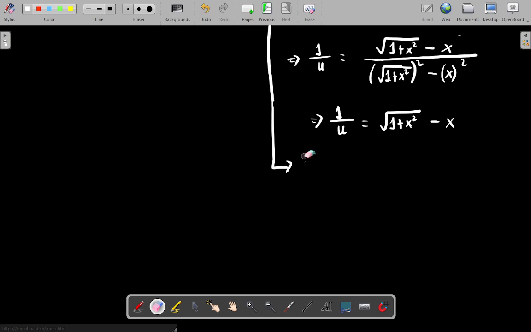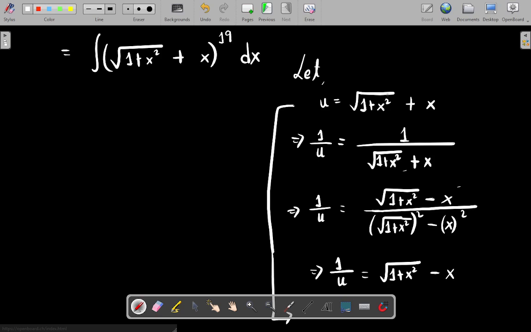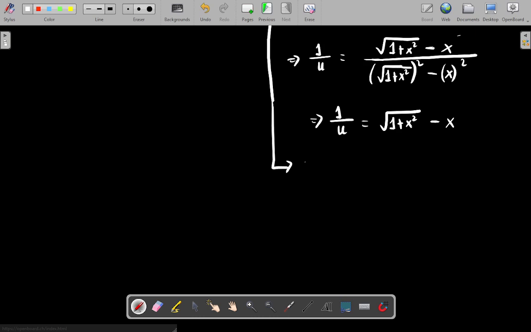Then it is more advisable to find du that way. Directly this will become 1 by 2 root of this and then the chain rule, so it is more advisable to do squaring of both sides first. So let us first keep the square root term on this side and take the other terms to the other side, so this becomes square root of 1 plus x square equal to u minus x.